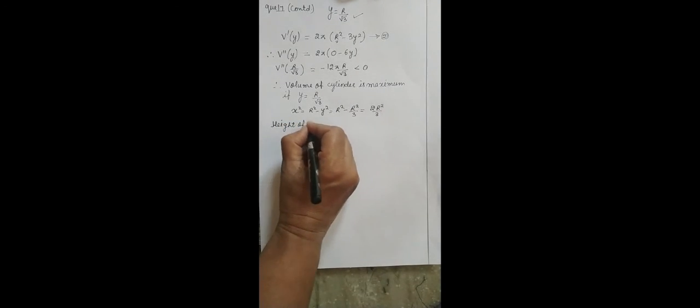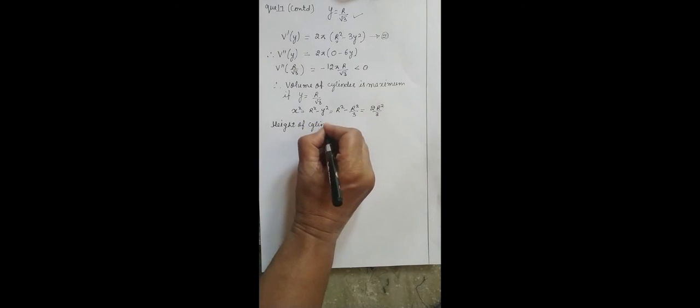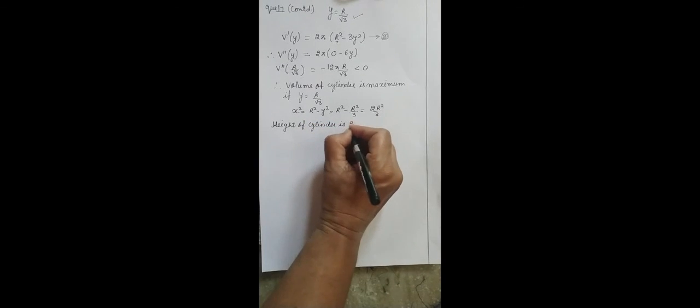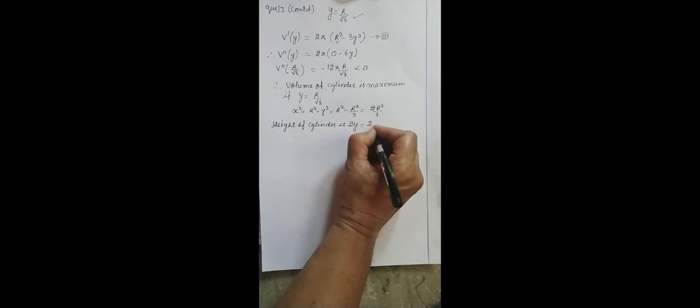Simply I will multiply it by 2. So height of cylinder is 2y, which will be equal to 2R upon under root 3.